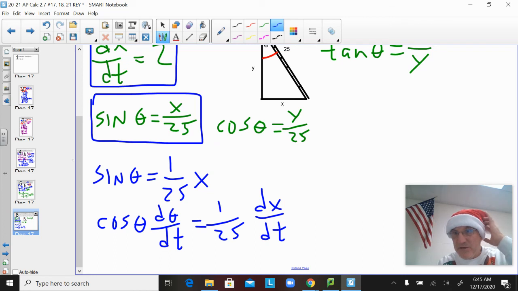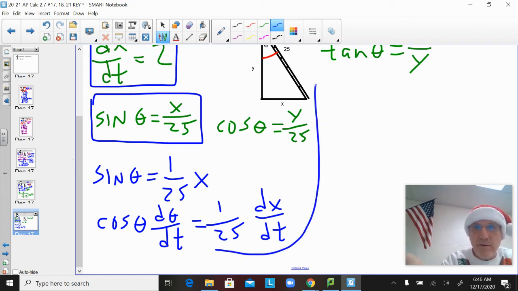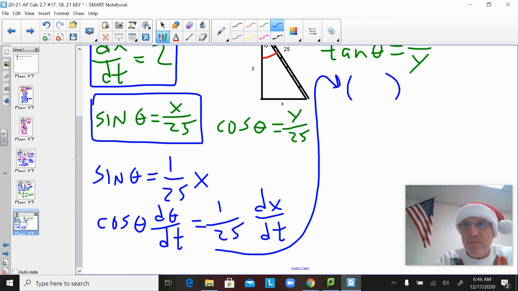Okay, now I need to substitute some stuff in here. Dx dt is 2. D theta dt I'm trying to find. So I go up here. I need the cosine of theta, which I'll come back to in a minute, times d theta dt, which is what this problem is asking for, equals 1/25 times dx dt, which is 2.